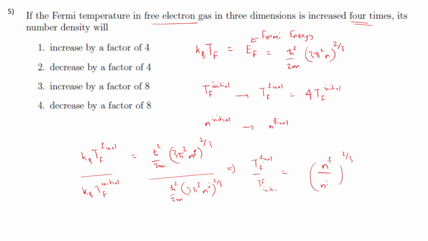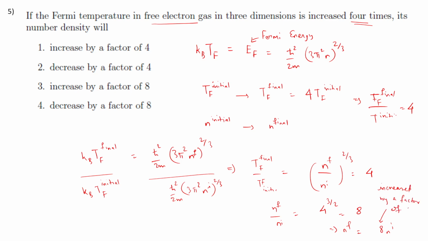From here, TF final over TF initial is equal to 4, so n final over n initial is 4 to the power 3 by 2. The square root of 4 is 2 and its cube is 8, so n final is 8 times n initial. It increased by a factor of 8.